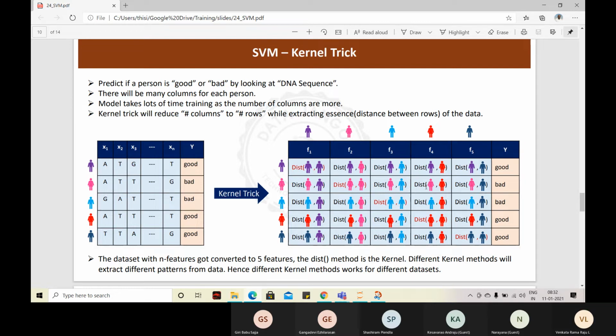So if you take Euclidean distance as a measure, what is happening? Between the person and the person itself, you are getting 0. If somehow you can produce 1 on the diagonal, and if the distance is too high, a number close to 0, and if they are very close to each other, a number close to 1, that will be better.